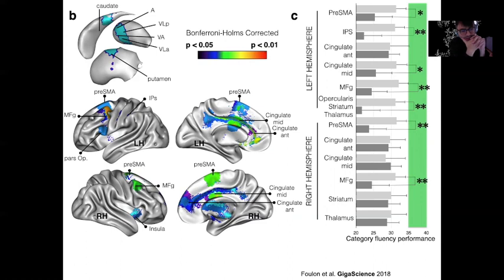And you can also find some areas that contribute significantly in the right hemisphere, where you can clearly see that the middle frontal gyrus, the pre-SMA, and the insula were also contributing in the right hemisphere to the category fluency, and same for medial regions of the cortex.